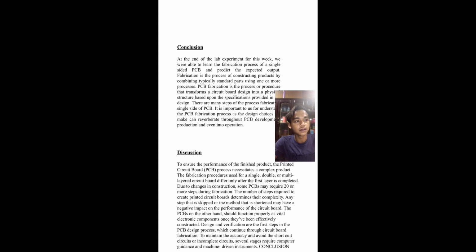PCB fabrication is the process or procedure that transforms a circuit board design into a physical structure based upon the specification provided in the design. There are many steps in the fabrication process of a single side PCB. It is important for us to understand the PCB fabrication process as the design choices we make can reverberate throughout PCB development, production, and even into operation.